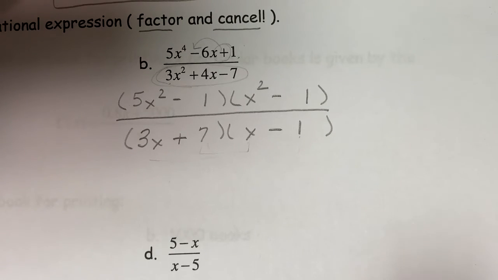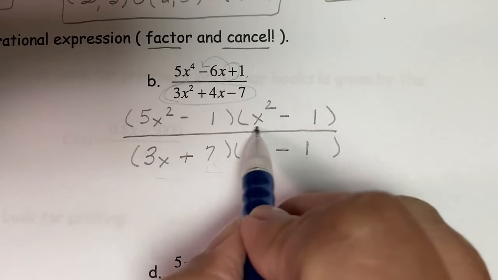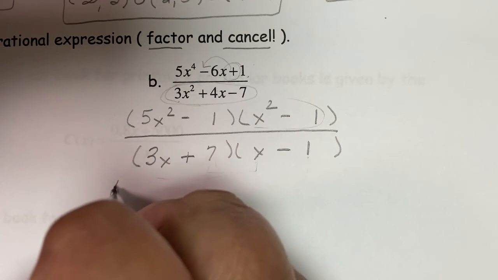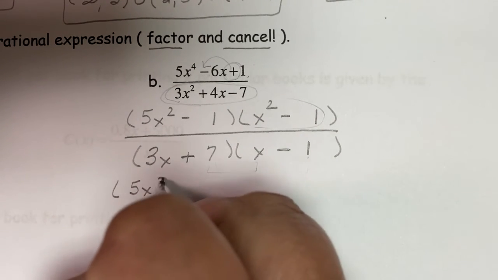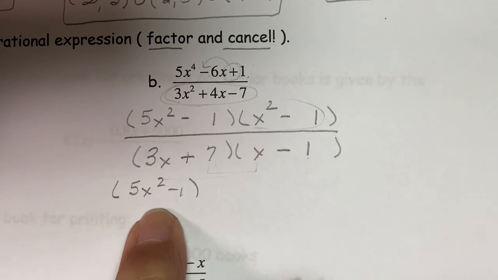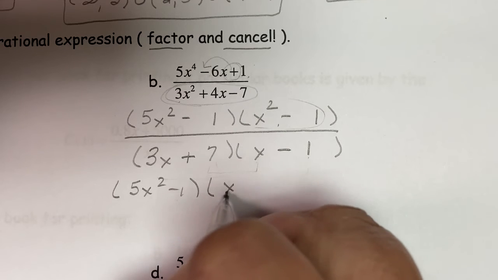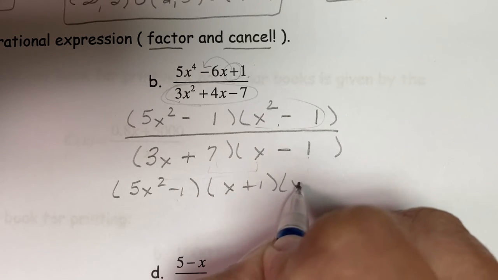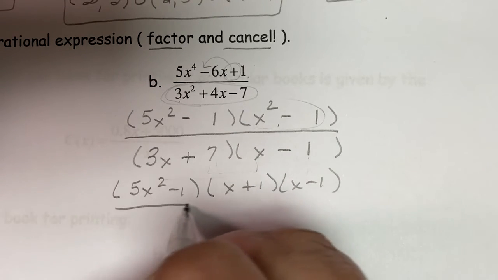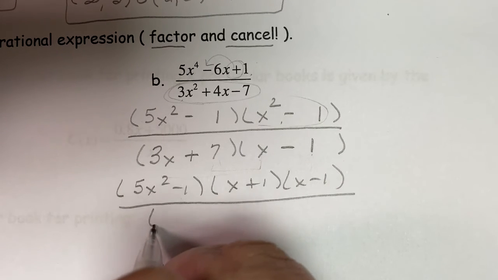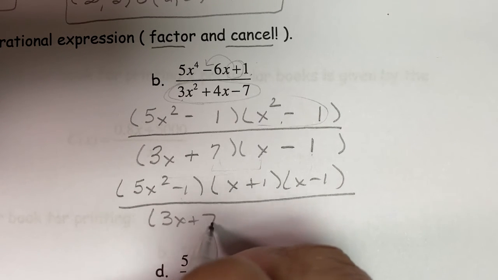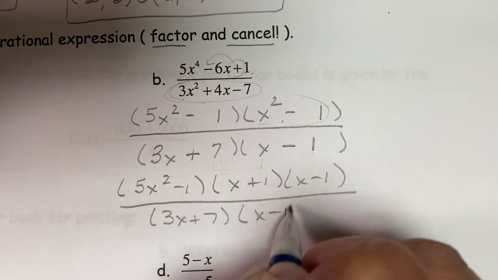Okay, so now, as I said earlier, this factors further as a difference of squares. So I have to go down one more step. The first one doesn't factor any further. It's prime. Remember difference of squares? That's going to factor into x plus 1 times x minus 1. Neither factor in the denominator factors any further, so we're just going to rewrite.